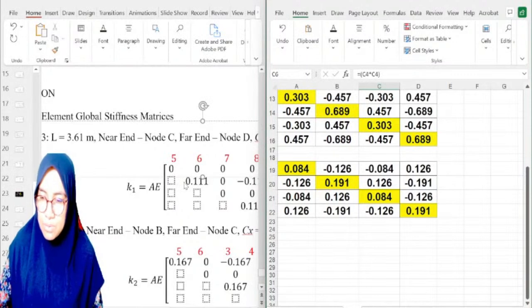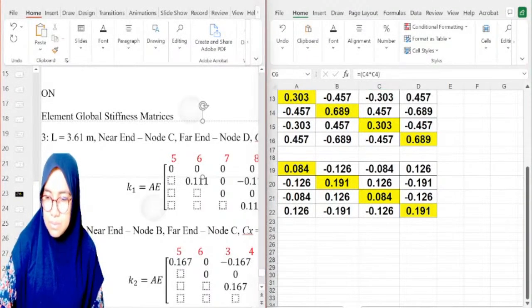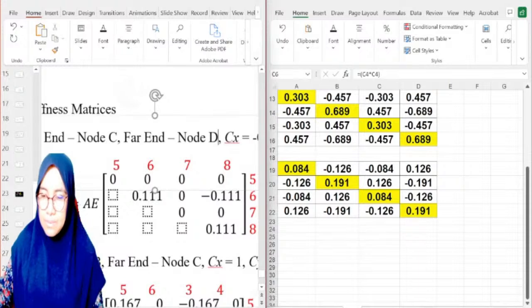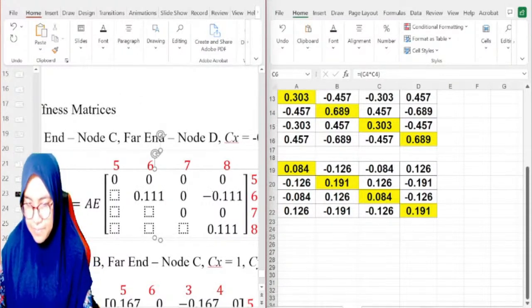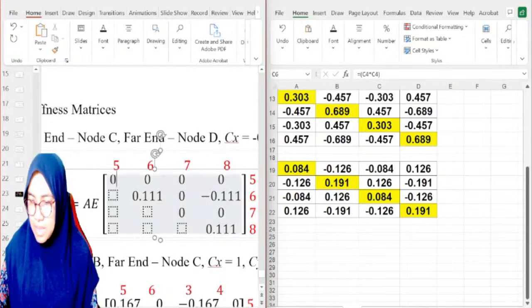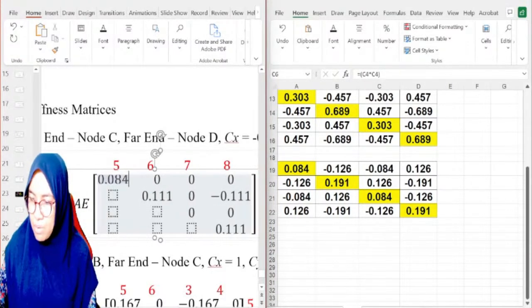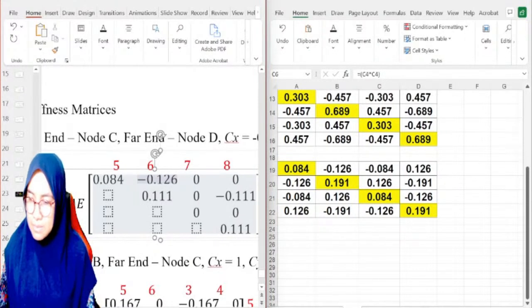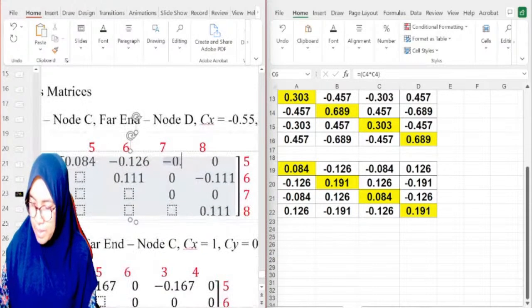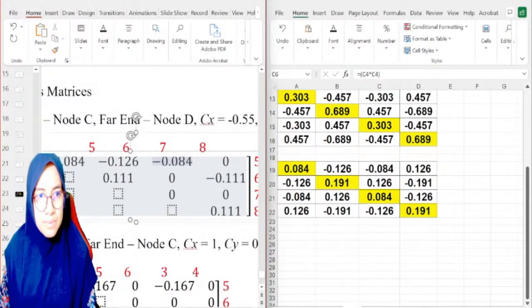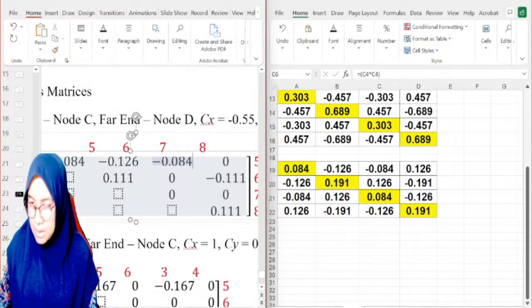For K3, it is 0.084, negative 0.126, negative 0.084 and 0.126.